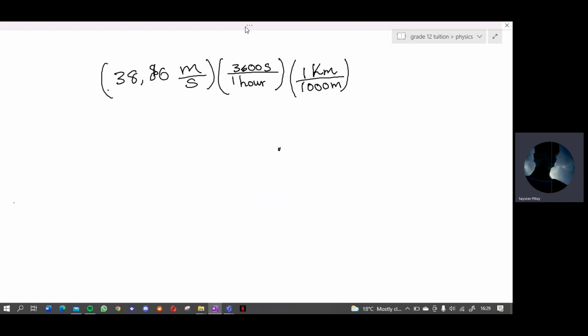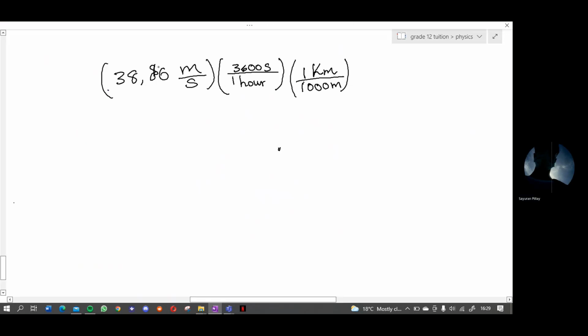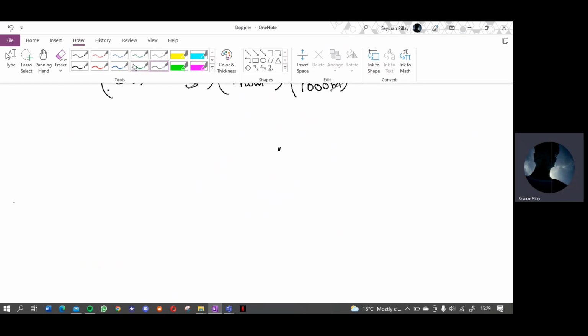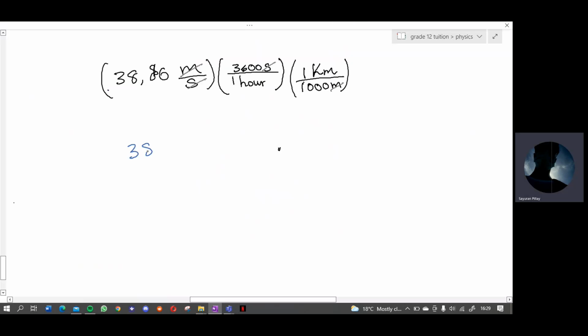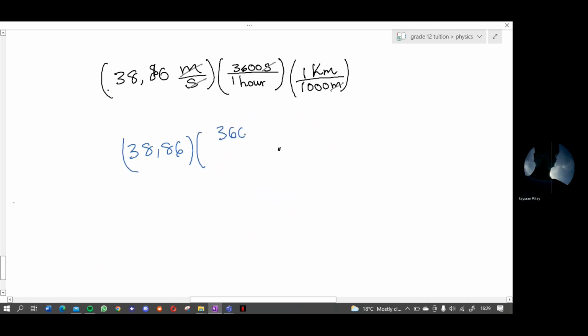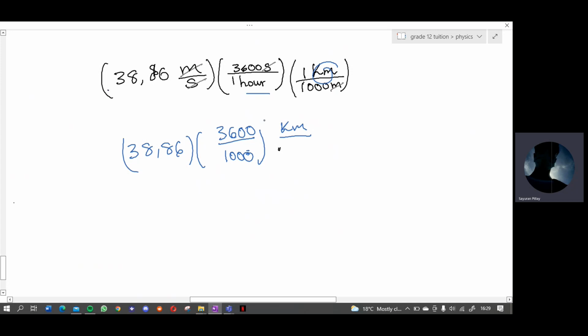And now what happens? Something interesting. We get cancellation. This meter here cancels with this. The second cancels with the second, and now we're left with 38.86 times 3,600 over 1,000, and we're left with the kilometers on the top, and we're left with hour at the bottom.